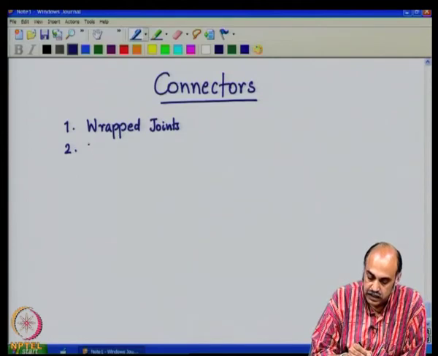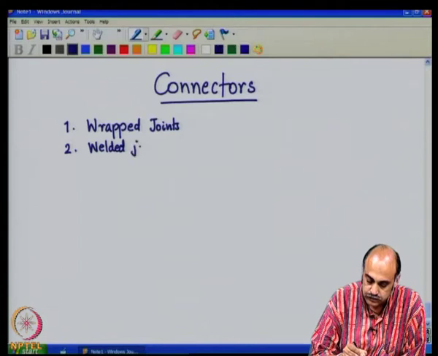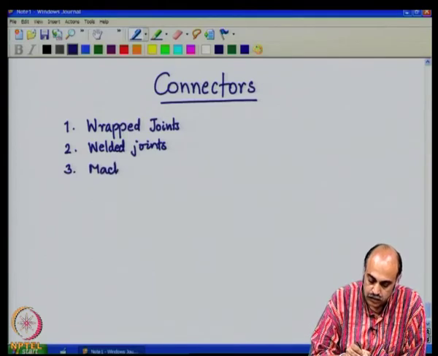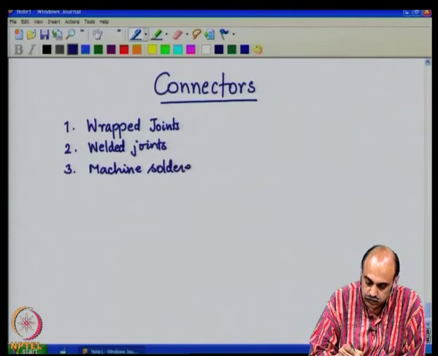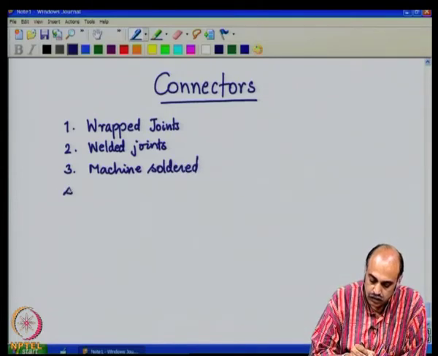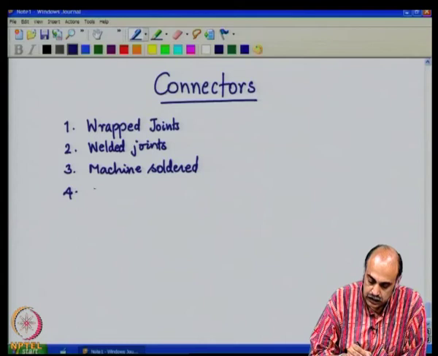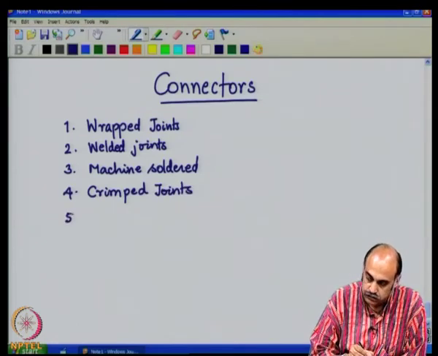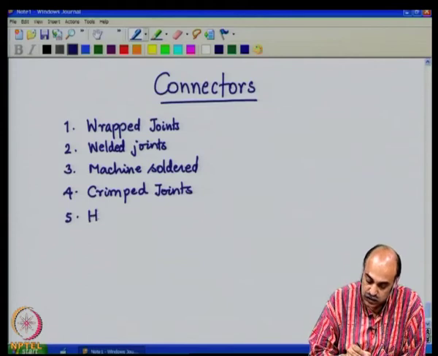You have the welded joints, the machine soldered joints, you have the crimped joints, you have the hand soldered joints.